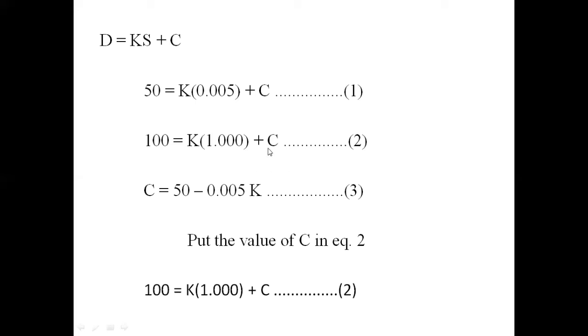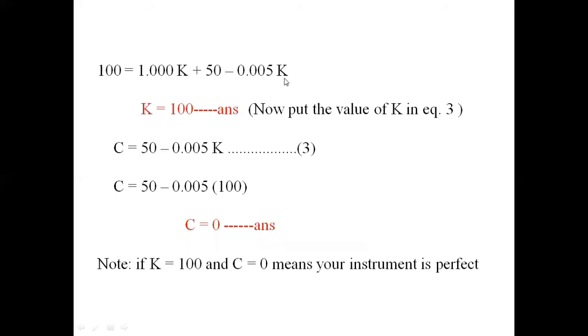Therefore, the equation for C is also modified from this. C is equal to 50 minus 0.5 times K. This is from equation number 1. And this value, equation number 3, is put in equation number 2. Then the equation is modified and you can find the value of K, that is 100.